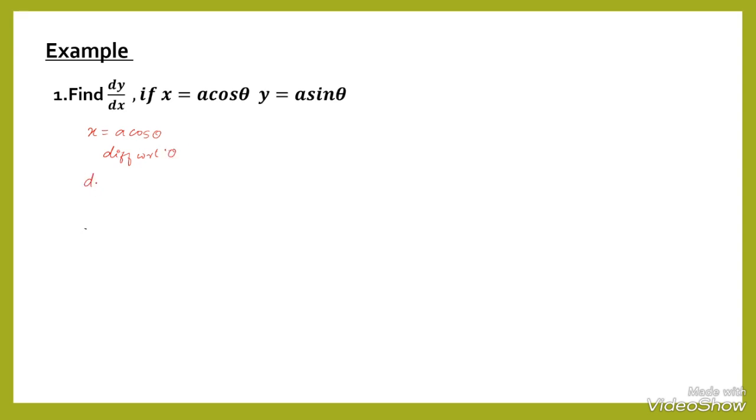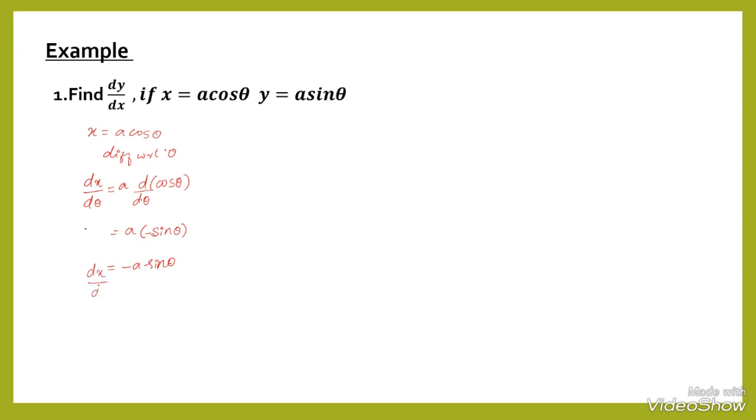Then dx by d theta is equal to a, which is a constant, times the differentiation of cos theta, which is minus sin theta. So that is minus a sin theta.